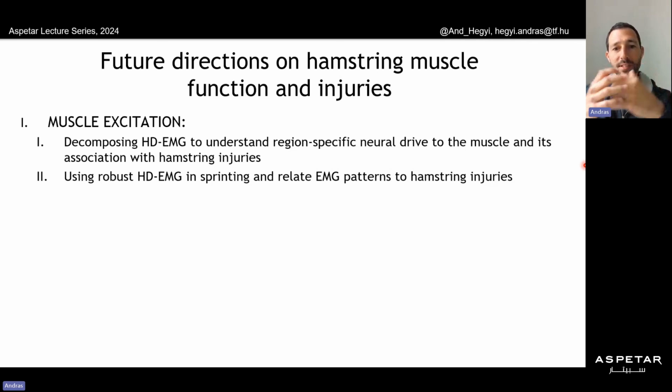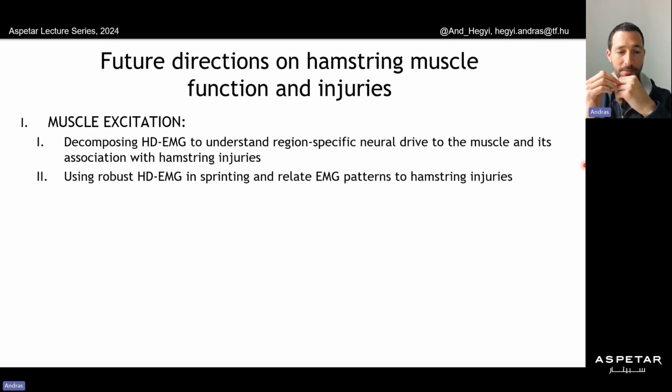So in terms of muscle excitation, what we really miss is the link between the neural input and the activation of the muscle. So we have to acknowledge that even though we see regional differences in the amplitude of the EMG activity, this is also influenced by other factors than the neural input to the muscle.